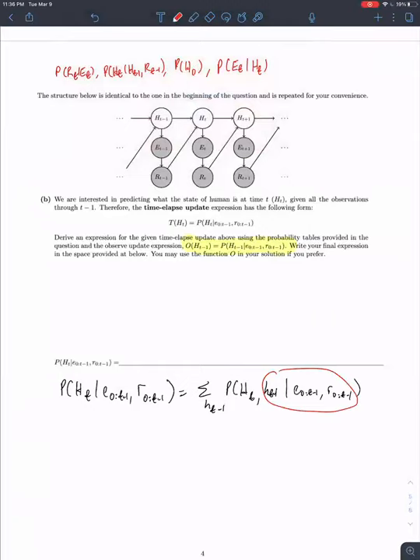Now we need to get just this part on its own, and that's going to be O of ht minus 1.